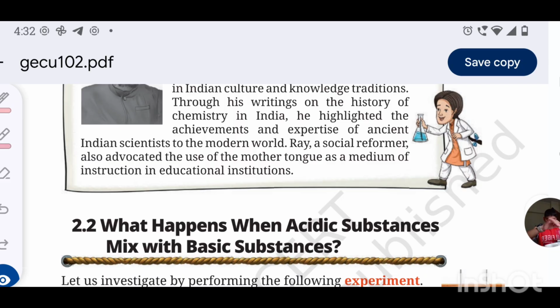First and foremost, this is lemon. I have squeezed lemon. Okay. I have taken a little bit of lemon.